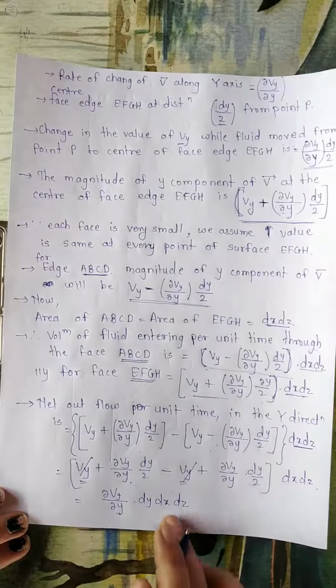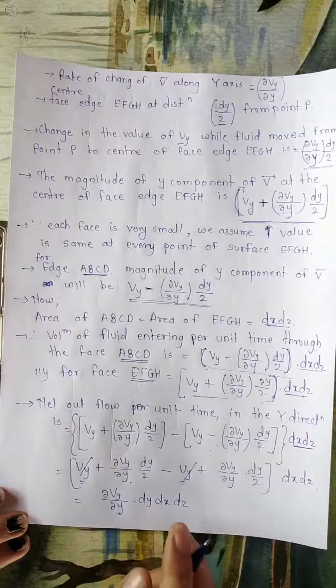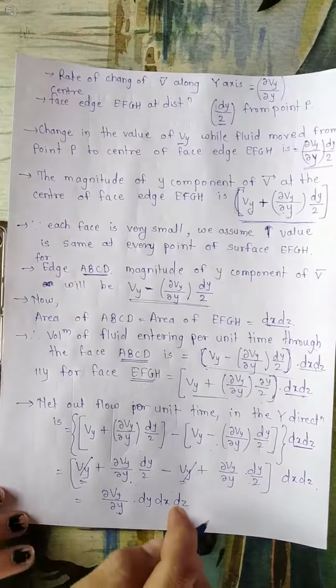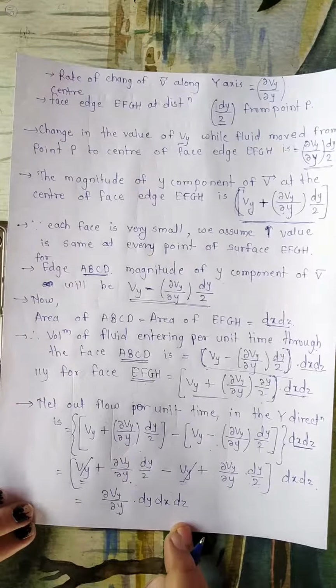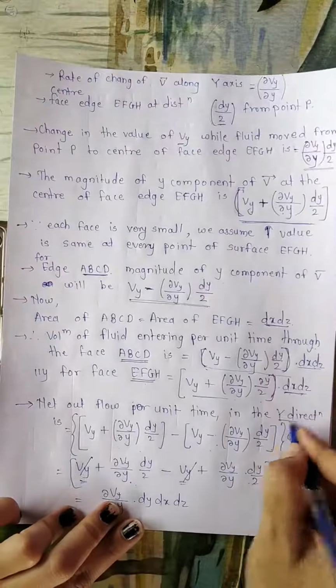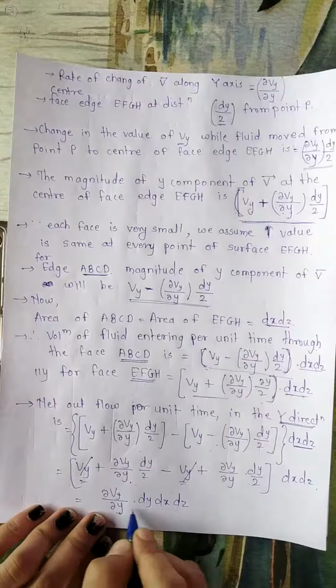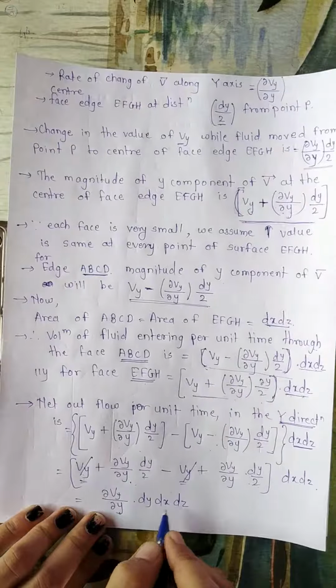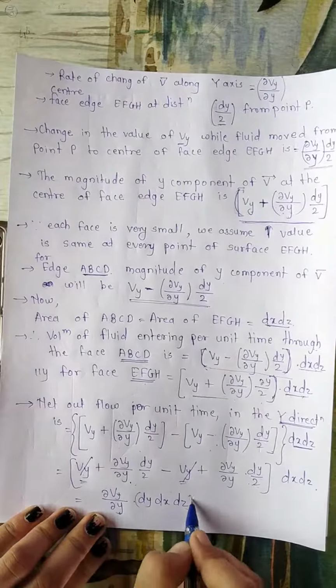Now in a similar way we can find net outflow of a fluid per unit time in x and z direction. This is for y direction. Similarly for x and z direction, there is no change in this quantity.